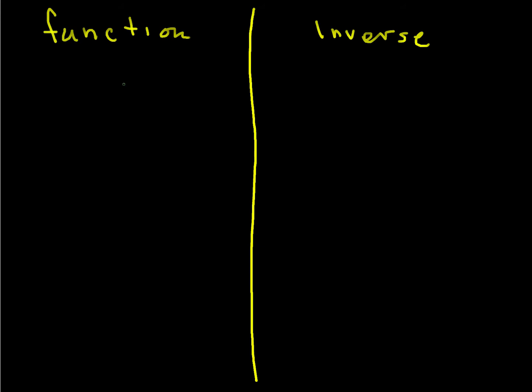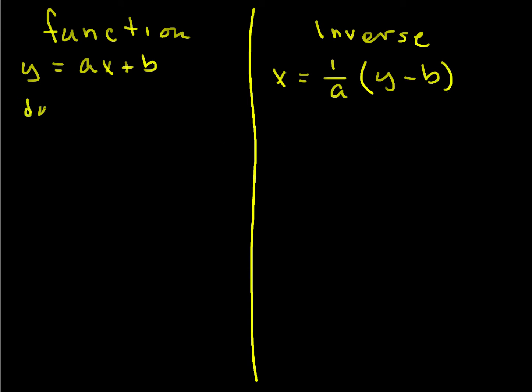So the first function I'll look at is a nice linear one, y equals ax plus b. If I solve for x here, its inverse is x equals 1 over a times (y minus b). So the differential here: dy is equal to d of (ax plus b).